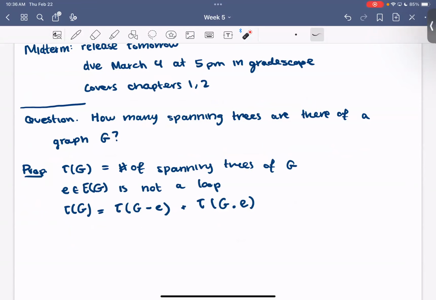So that's one algorithm you could use to compute tau of G. The problem is that it's impractical because the size of the computation grows very quickly. So this is typically not how people do this.